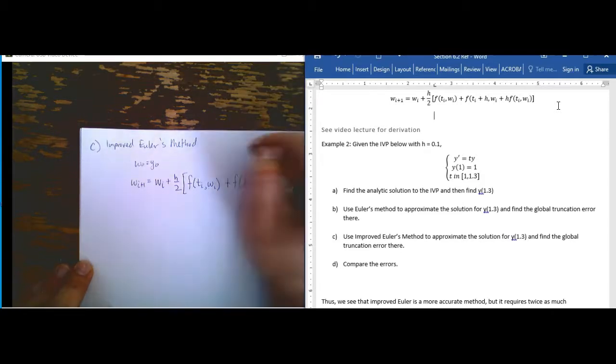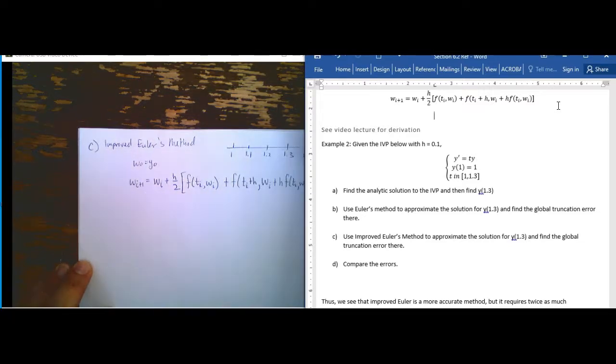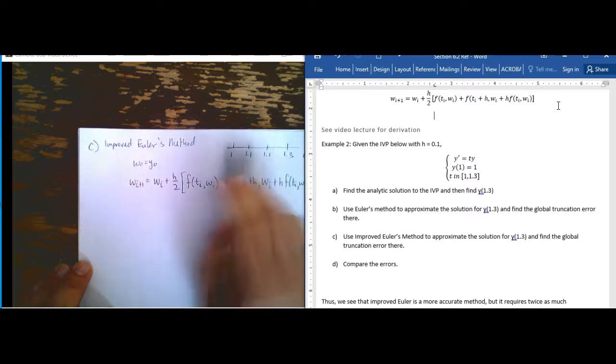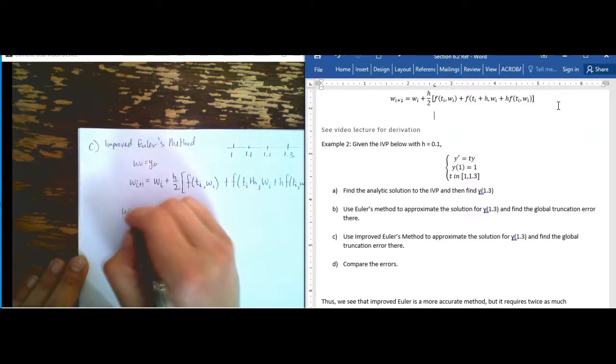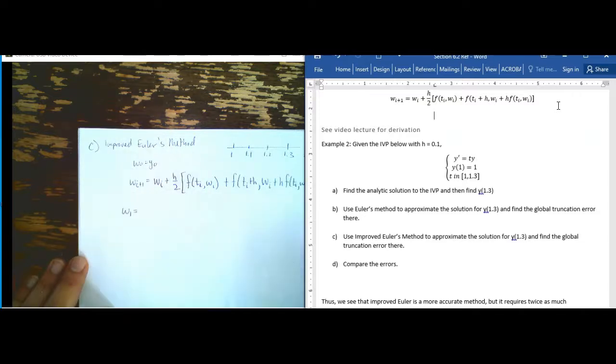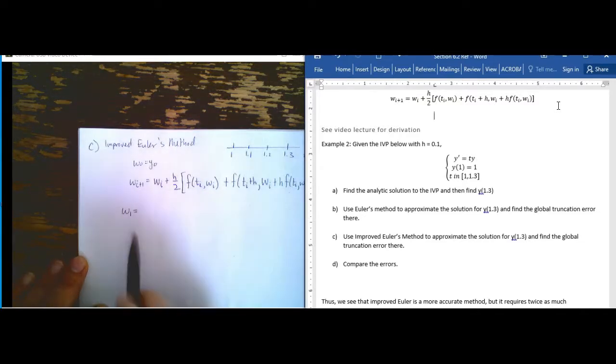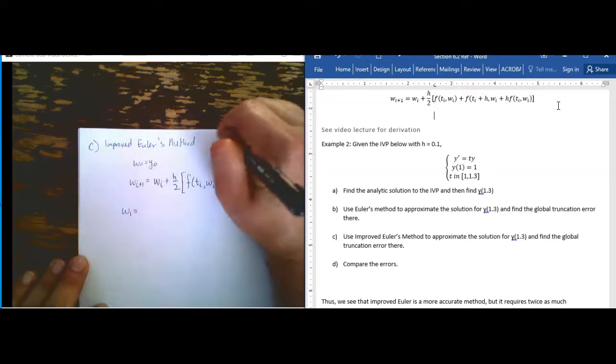Okay, so let's remind ourselves of our t's. And then our w's will be here. Okay, so w1. What's that going to be? Well, here would be w0, which is our initial condition.